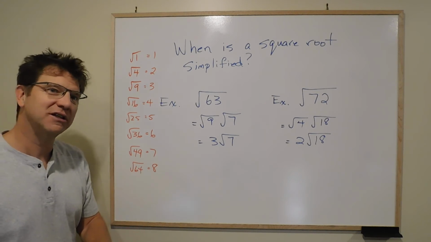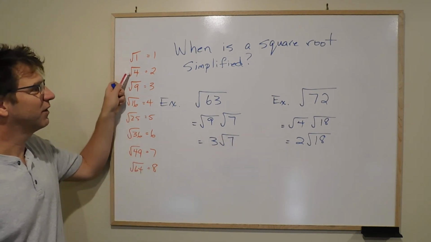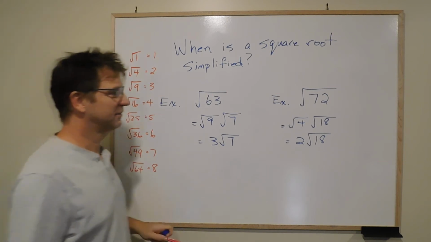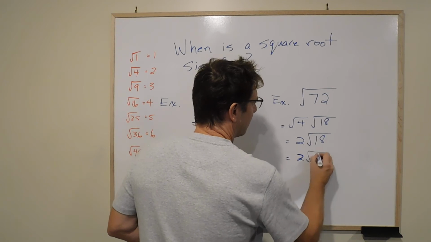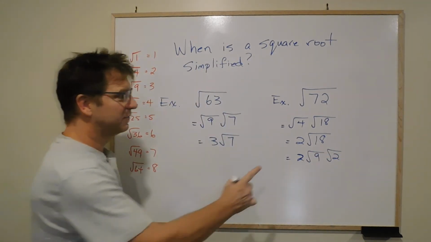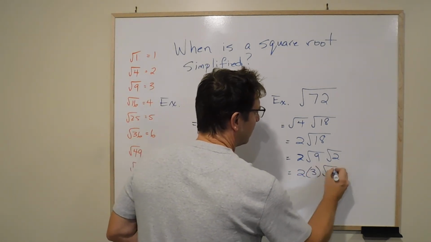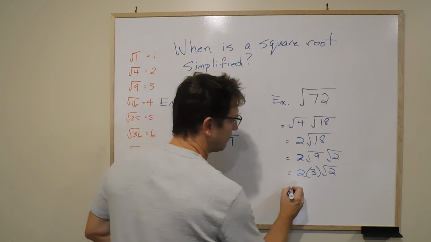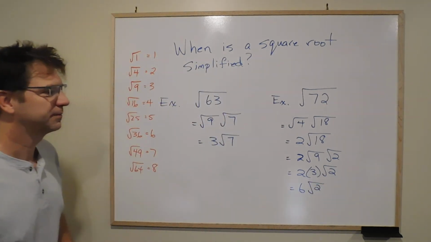Well, you didn't actually, because when I look at the square root of 18, 1 doesn't work, 4 doesn't, but 9 does, right? So 2 times the square root of 9 times the square root of 2. Square root of 9 is 3, so that's 2 times 3 root 2, and we know 2 times 3 is 6, so it's 6 root 2, right?